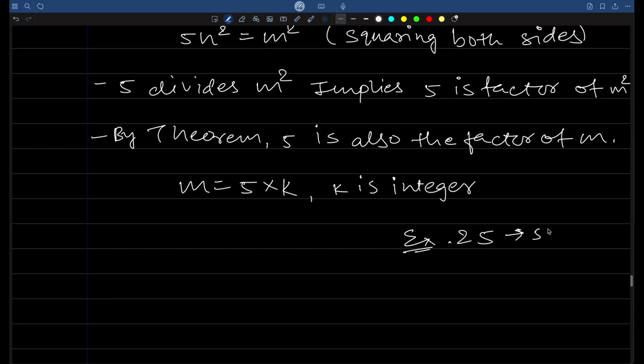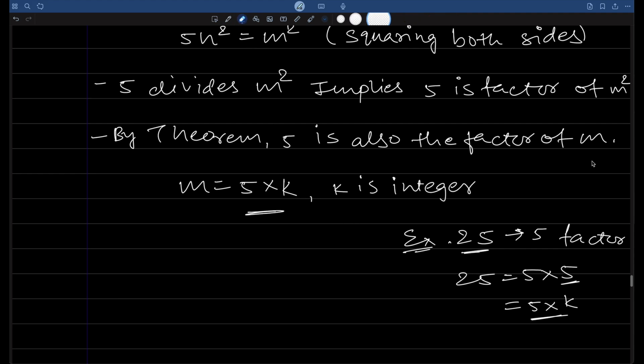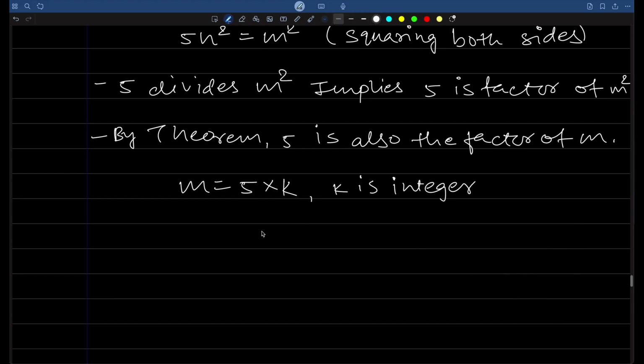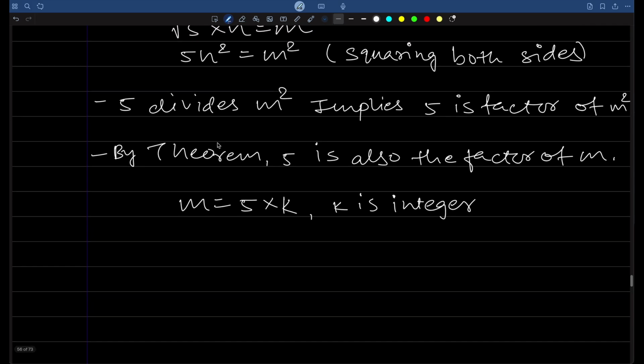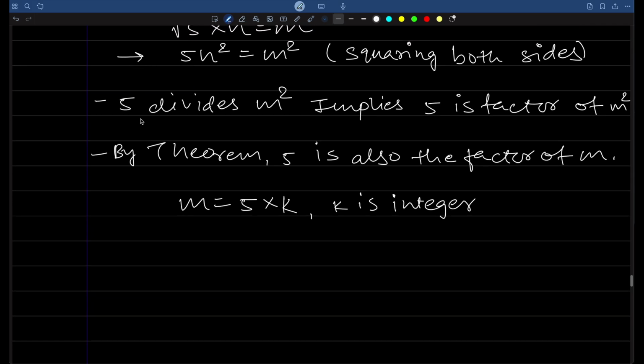We have 5 as one of the factors, so we can represent 25 equals 5 into 5, that is 5 into some other constant. Now put m equals 5k in this equation.